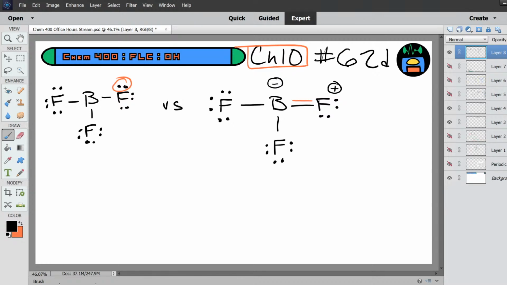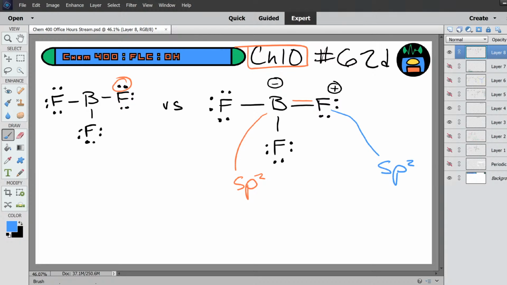You'll notice that in this Lewis structure, boron's hybridization is sp2 because it's got 3 atoms attached. But you'll notice that fluorine, as drawn right here, has one atom and two lone pairs attached. That's 3 electron groups. So this would also be sp2 hybridized.